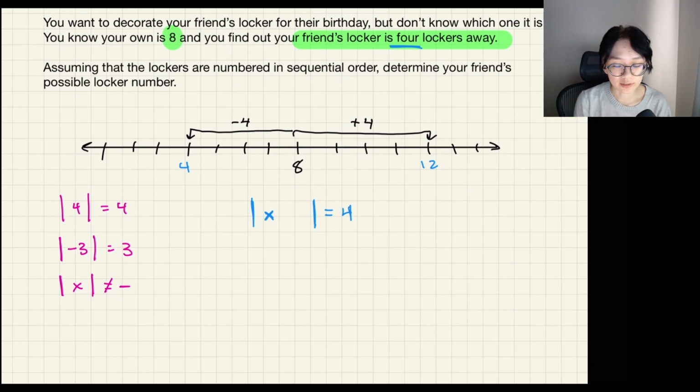What we don't know is x minus our locker. The distance between friend's locker and our locker is equal to 4, right? It's either 4 to the right, 4 to the left. The distance between you and me is where I'm standing minus where you're standing. Whatever is in between us is 4.